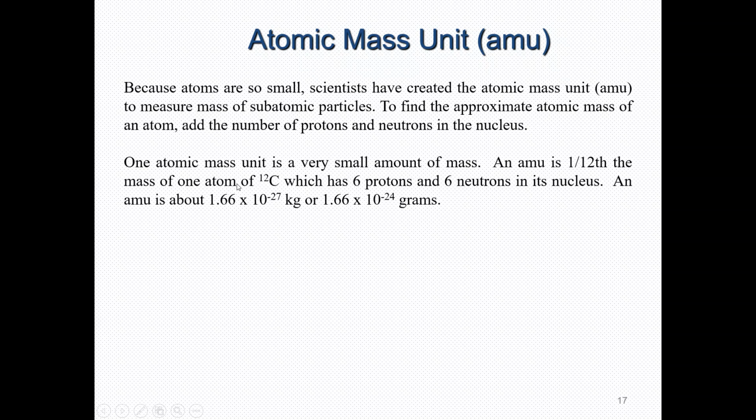One atomic mass unit is a very small amount of mass. An AMU is basically 1/12 the mass of one atom of carbon 12, which has 6 protons and 6 neutrons in its nucleus.